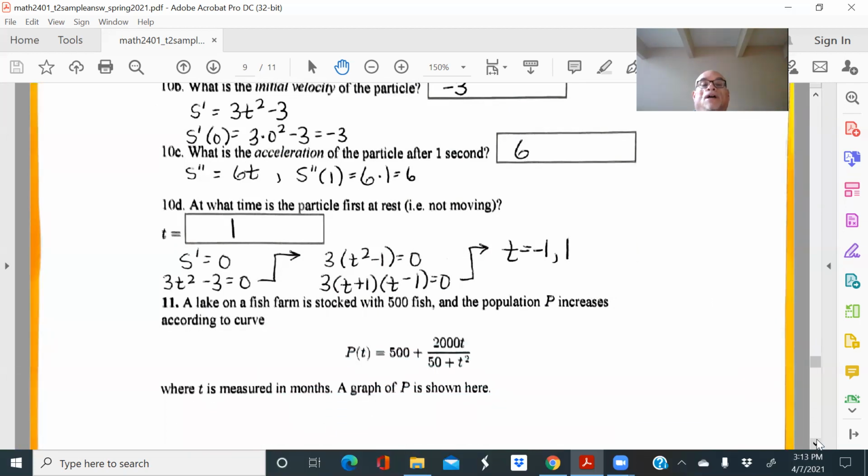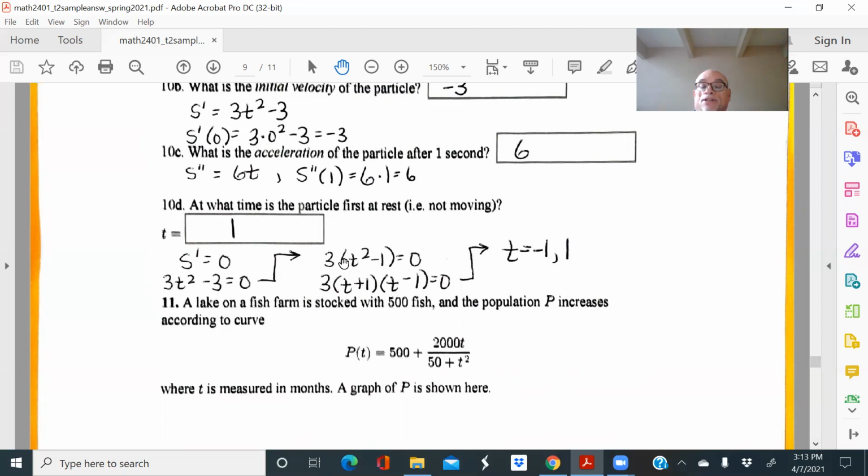And finally, at what time is the particle first at rest? At rest means not moving at all. At rest means the velocity is 0. So we just set our velocity function to 0 and solve that equation: 3t squared minus 3 is equal to 0.